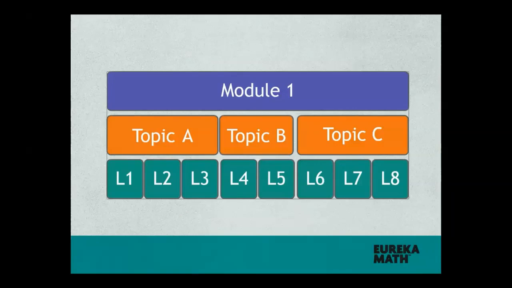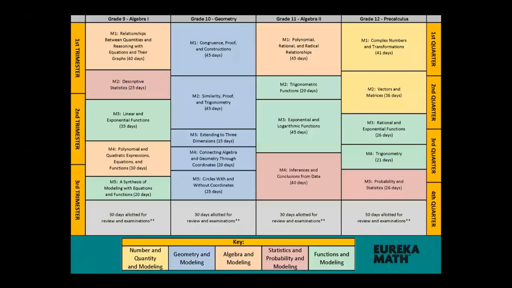We've just spent some time zoomed in on the items you'll find within your teacher edition. So let's zoom back out toward the big picture. Remember that modules are made of topics, and topics are made of lessons. Let's take another step back to remember that a certain number of modules make up a grade level, and that each module is placed like a chapter in a book to best tell the math story so that it makes sense.